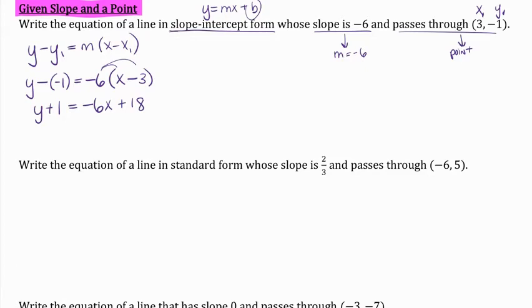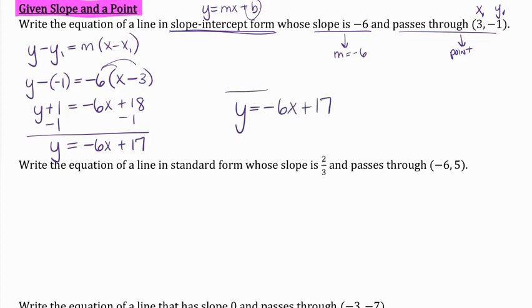Then I want to get this in slope-intercept form, right? So I want to get y by itself. So I'm going to subtract 1 on each side, and that will leave us with y equals negative 6x, and then 18 minus 1 is 17. So our slope-intercept form of the line is y equals negative 6x plus 17.